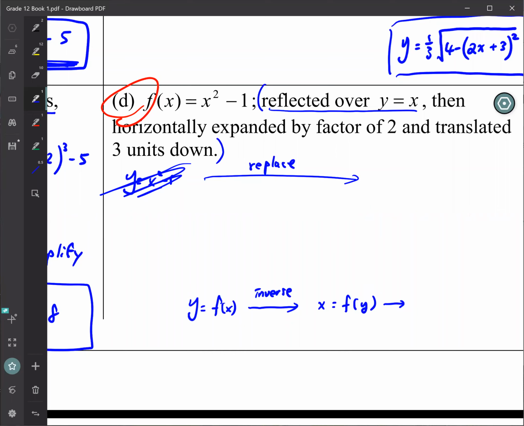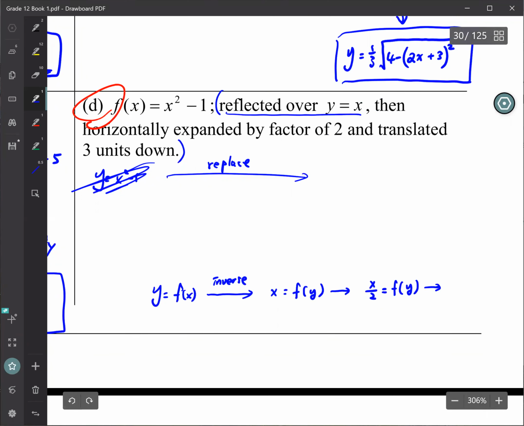Horizontally expand by 2. Okay, so where should we put the 2? Under x. So how do I write it? Can you tell me? X over 2 equals f of y. Yeah, so this story so far has horizontal expand by 2. And then what else?